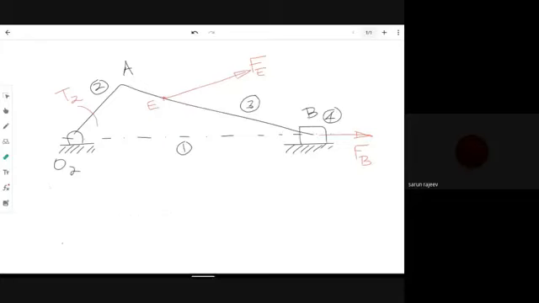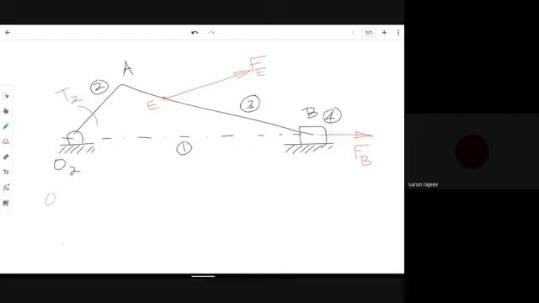Now, apart from this data, in the question there are a few other values also given. Those values will be the values of the lengths.